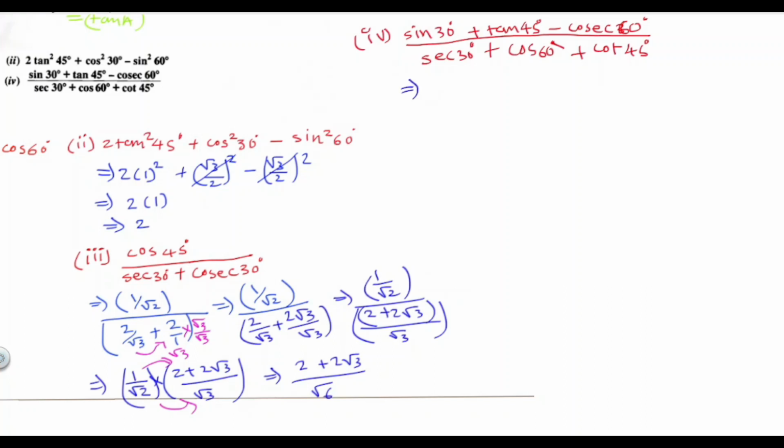Now we already know the value of sine 30, tan 45, cosec 60. We just have to put the values of the trigonometric ratios in this expression.